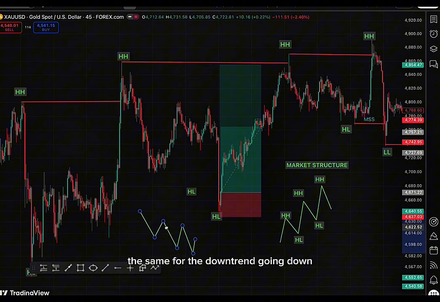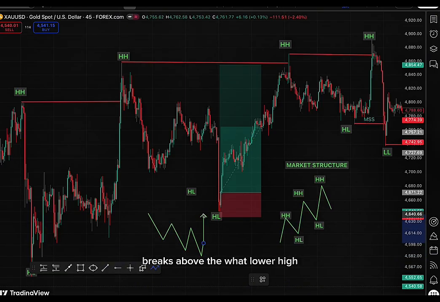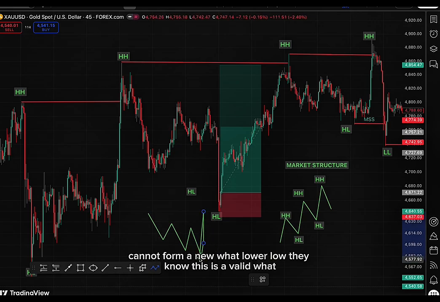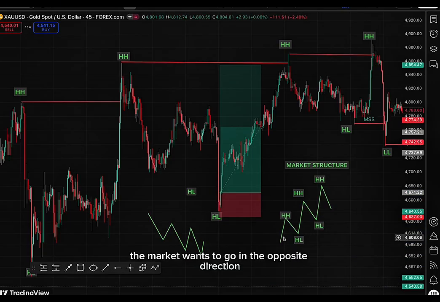The same for the downtrend. Going down, breaks above the lower high, cannot form a new lower low. They know this is a valid market structure shift. The market wants to go in the opposite direction. Market structure shift works in the lower time frame and higher time frame. The only difference is the traps in the lower time frame.